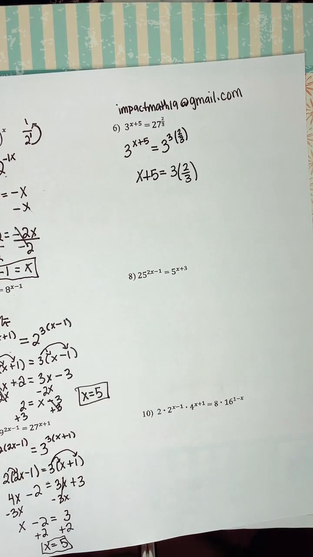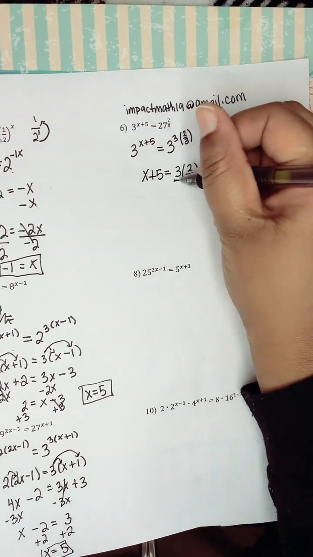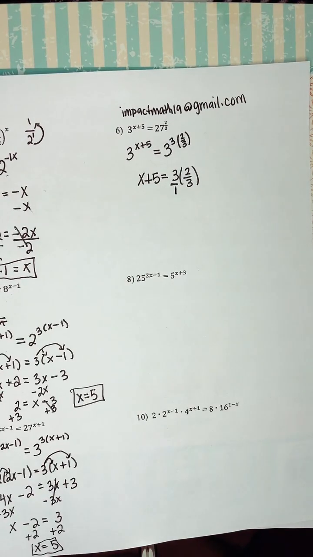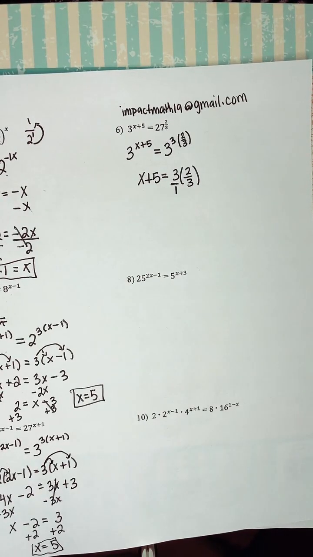Every whole number can be written over 1. Remember, I always teach, let's start crossing out, especially in Algebra 2 when you get to dividing rational polynomials. You know how you have to cross simplify once you factor it all down and start crossing out stuff?